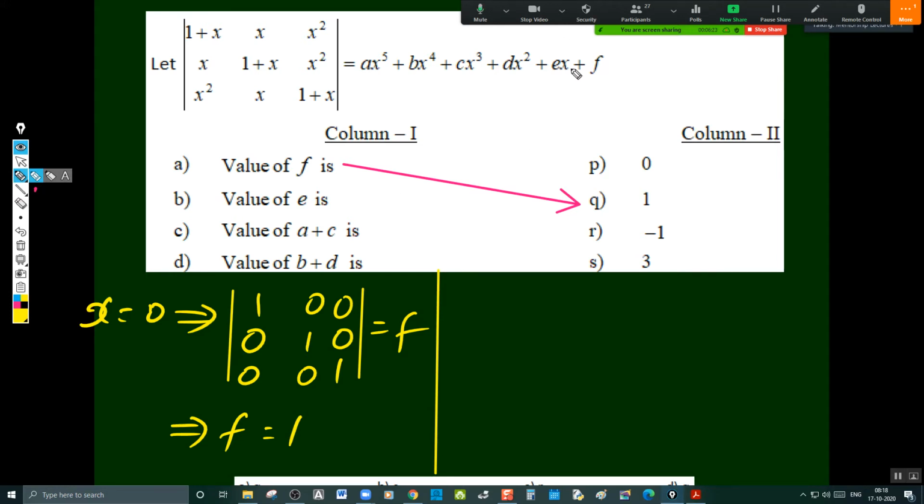To get the value of E, you have to differentiate the determinant and then put x equal to 0. Differentiate. The first column becomes 1, 1 and 2x, and x equal to 0.